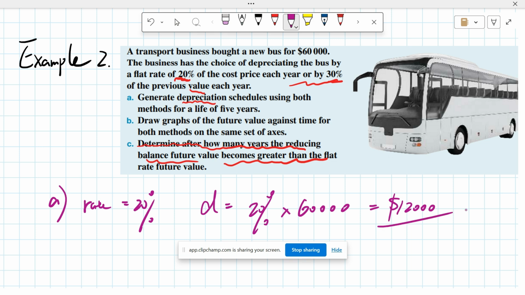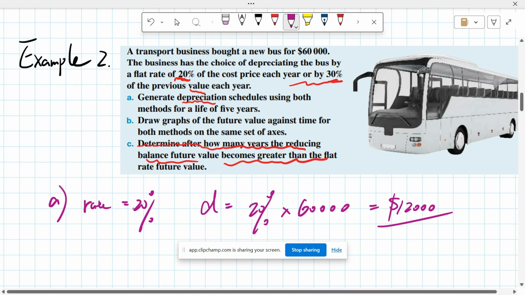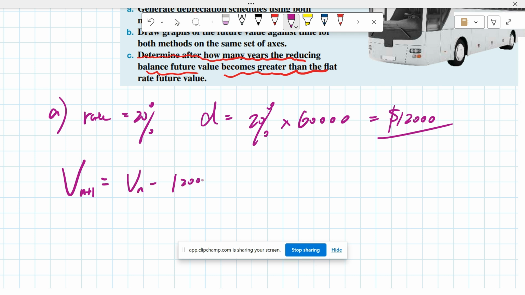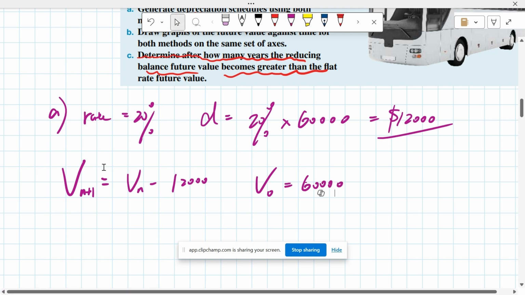Because of 5 years, Vn plus 1 equals Vn minus $12,000, and V0 equals $60,000. Because of 5 years, right?